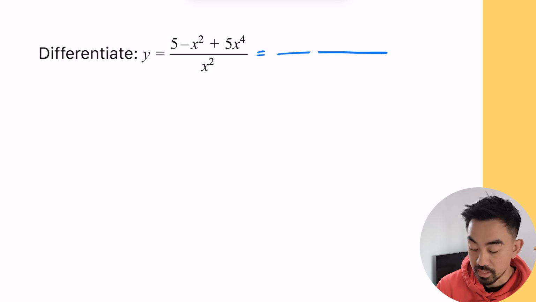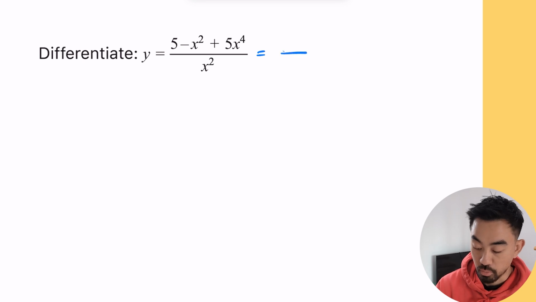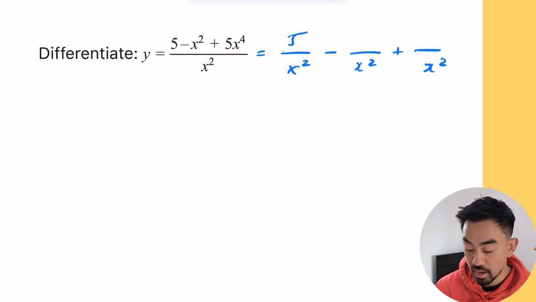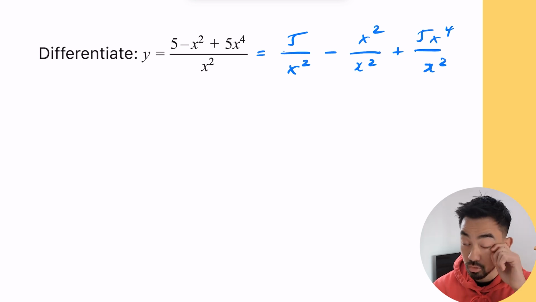So what I mean by that is instead of having one fraction here, I can split this up into 3. So I'll have x to the 4, x squared here, x squared. You'll have 5 minus x squared on x squared plus 5x to the 4. Okay, so try and do that.